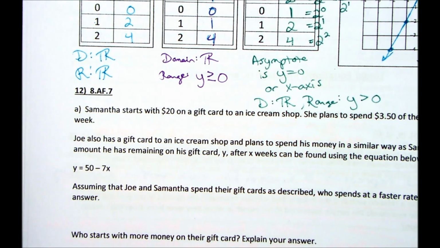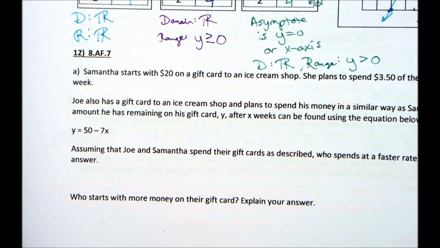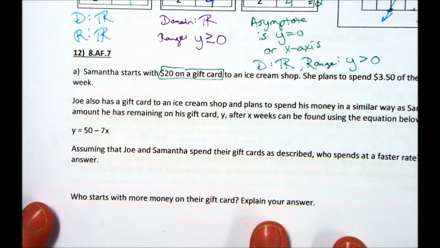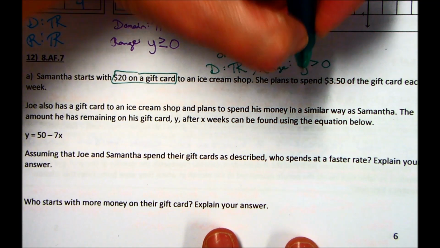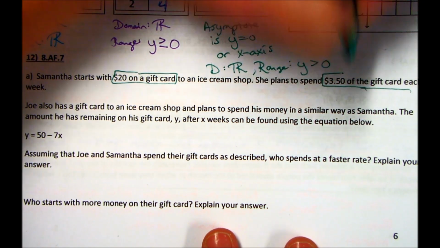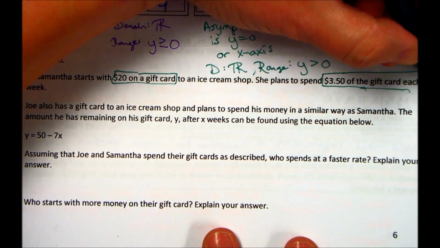So in the next problem, we have a word problem, which everybody loves. Samantha starts with $20 on a gift card to an ice cream shop. She plans to spend $3.50 of the gift card each week.